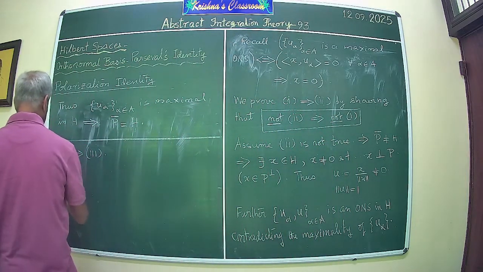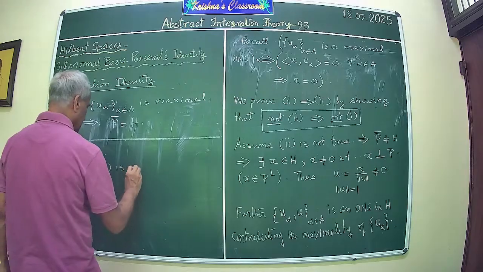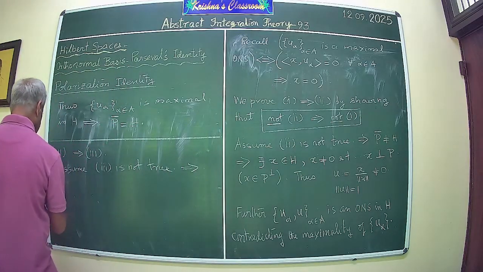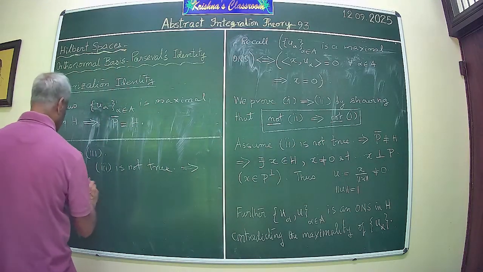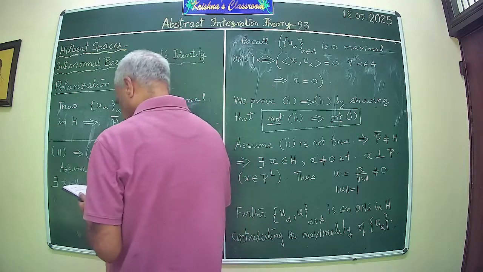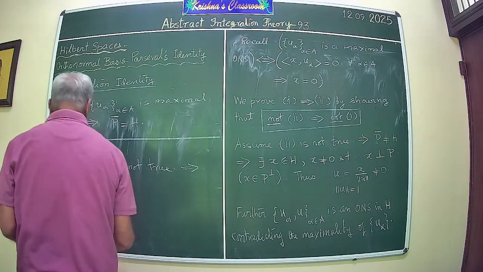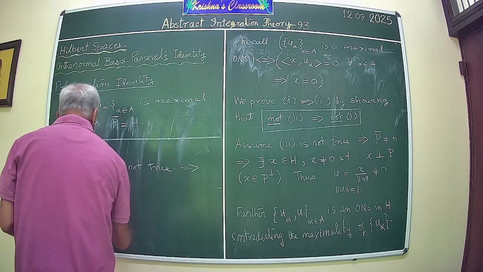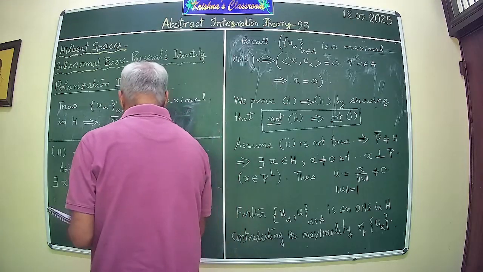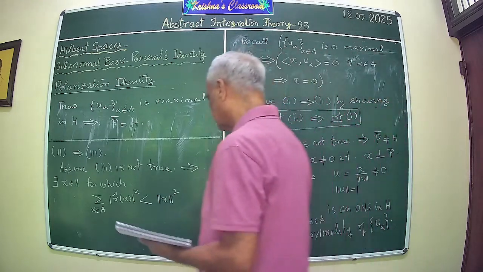So this implies there is some x belonging to H, for which the property is that the sum of the squared inner products is strictly less than the norm of x squared.